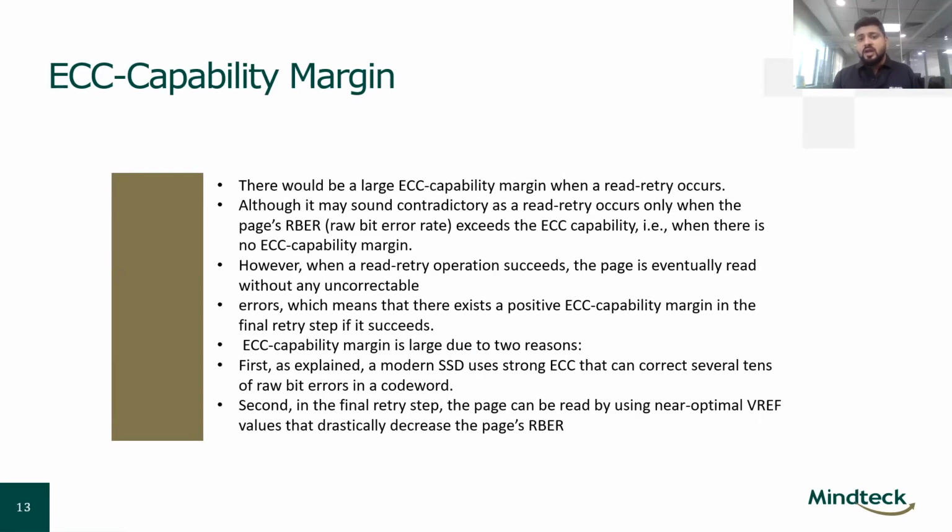If it's a large value, then how is read retry occurring? The thing is, the page RBER, which we call the raw bit error rate, gets exceeded by the ECC capability margin. That means there is no ECC capability margin left. That's why read retry occurs.